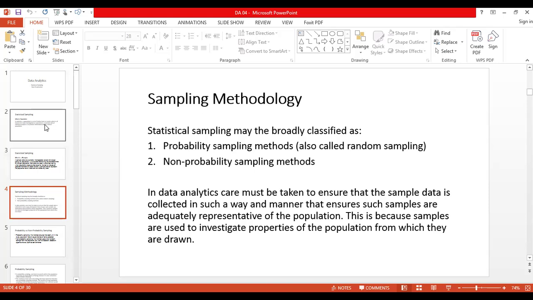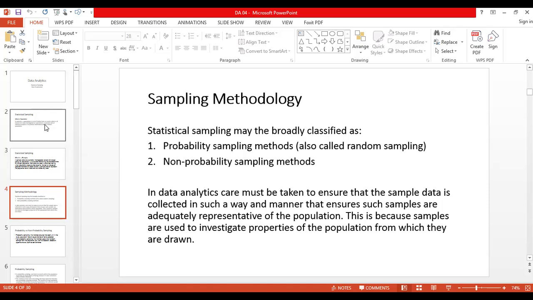Sampling methodology. There are different ways of collecting samples. Statistical sampling may be broadly classified as probability sampling methods, also called random sampling, and the non-probability sampling methods. In data analytics, care must be taken to ensure that the sample data is collected in such a way and manner that ensures such samples are adequately representative of the population.